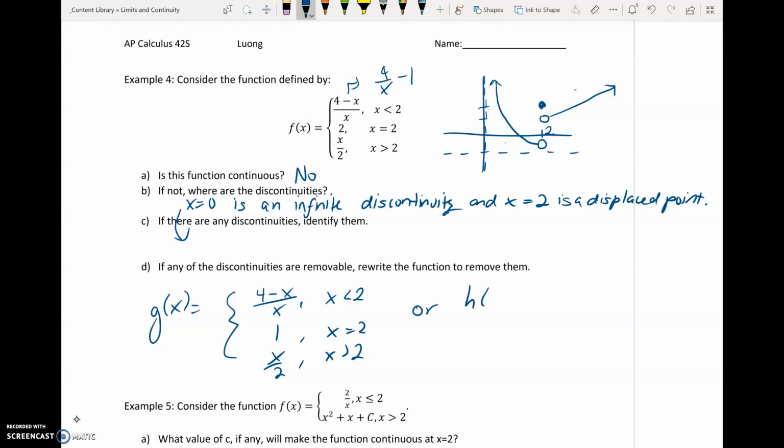You could also have a different one here, where we just change our domain to include it for this one. So we're going to include this one. So these are two different ways you can remove a discontinuity.